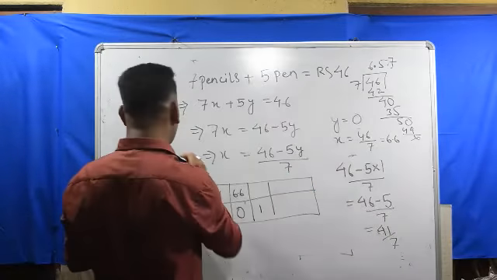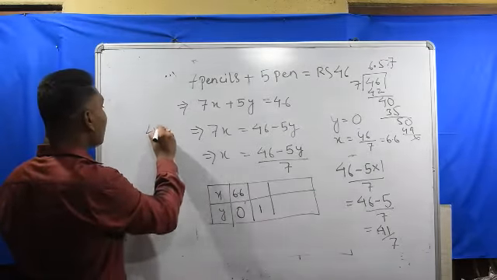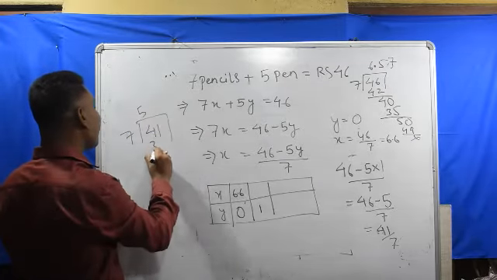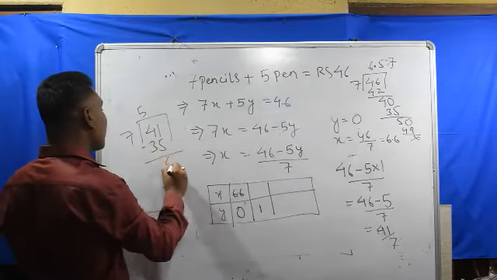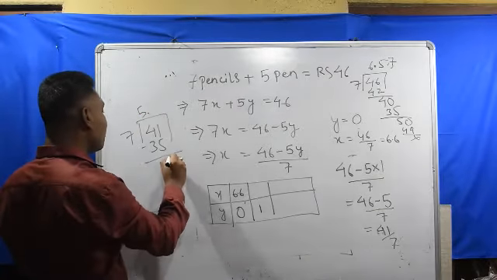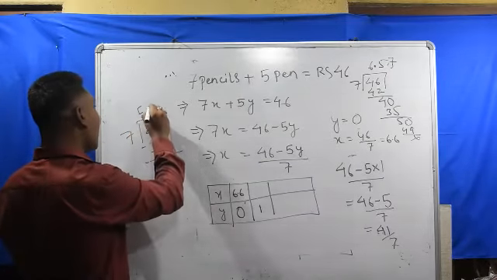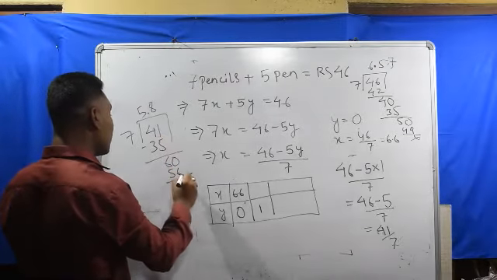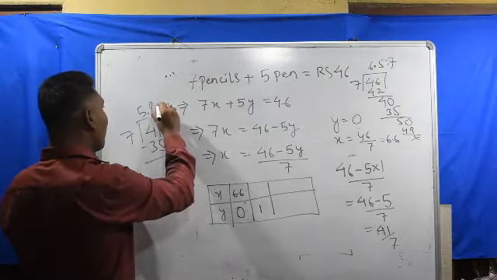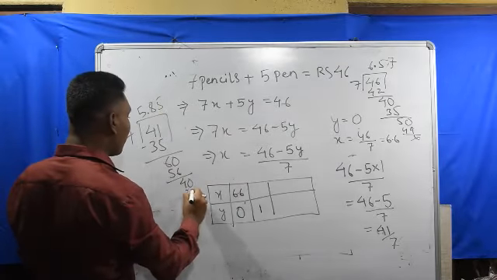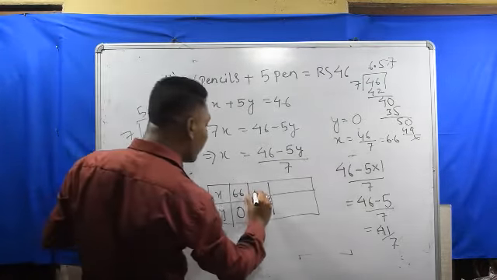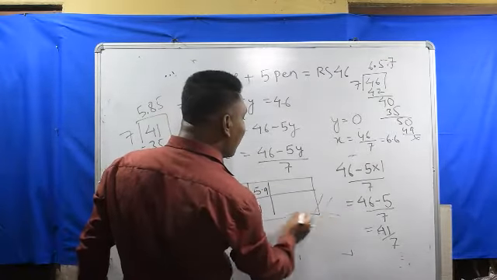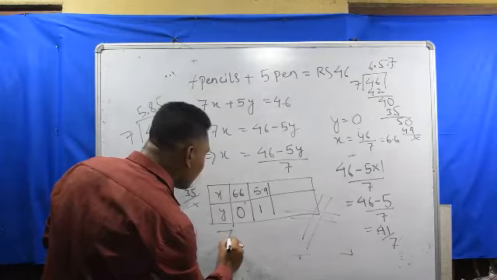Now check for division. 41 by 7, 5s are 35, minus, 6.0, 7 eights are 56, 4 is left. So it is taken as approximately 5.9. So now plot the graph and send me on my WhatsApp number.